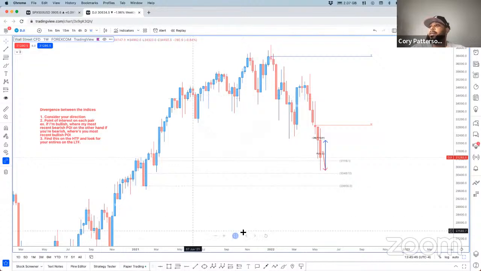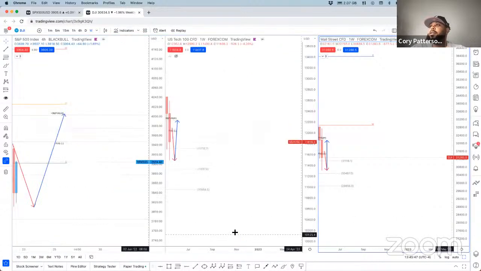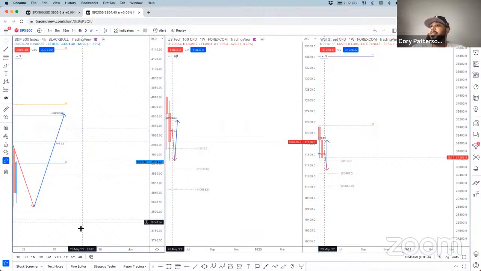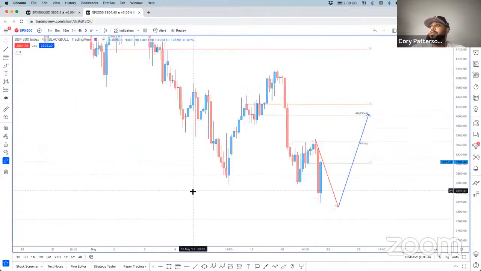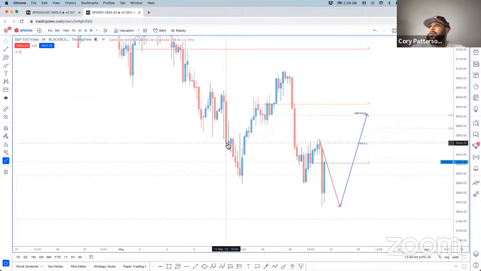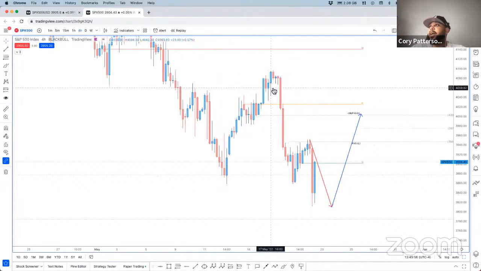Same thing over here on SPX. We had the same situation, and we're looking at the 4 hour now, right? Order block right here, imbalance right here. We take out these lows. We got the huge imbalance right here to take these lows out.